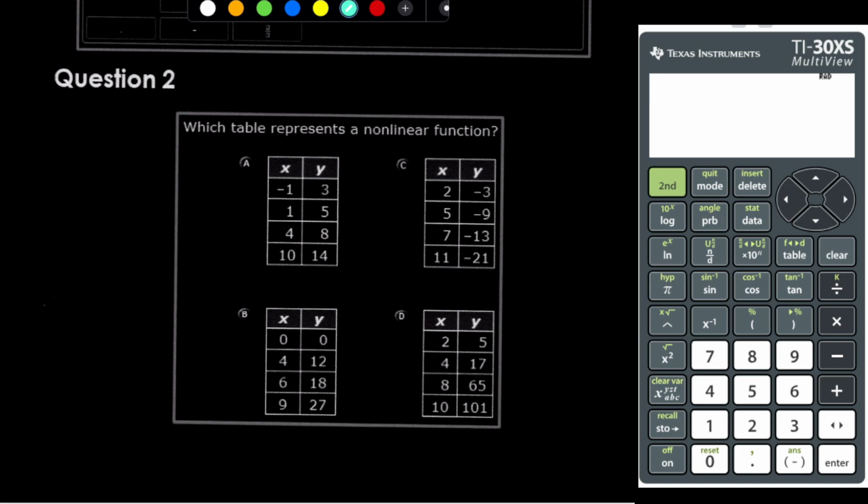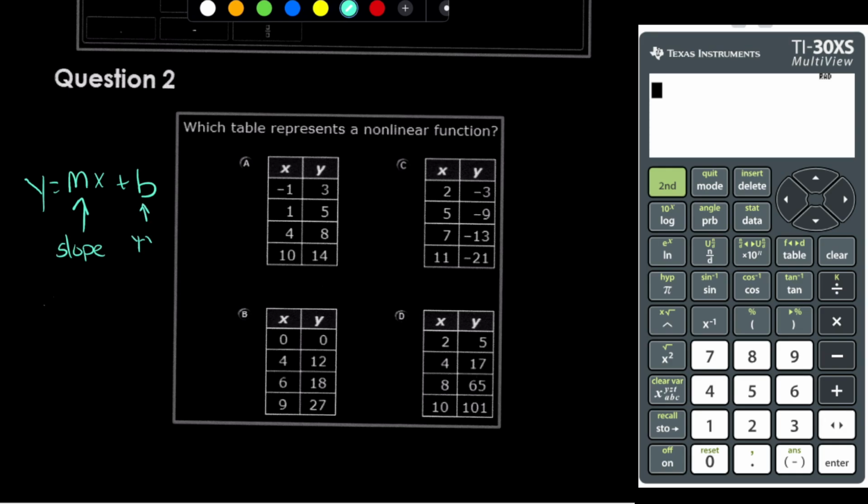Which table represents a non-linear function? So think about what the word linear means and what the word non-linear means. Non-linear, prefix non, means not. And linear usually means a line, a straight line that we would use in the form of y equals mx plus b, where m is your slope and b is your y-intercept.